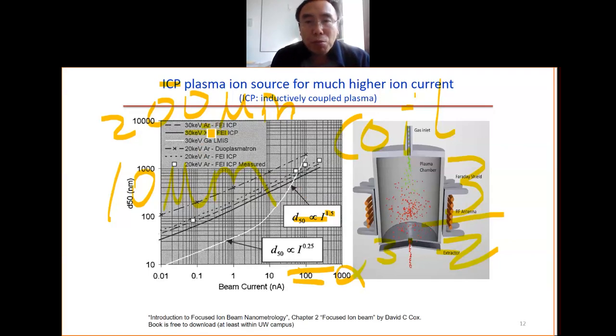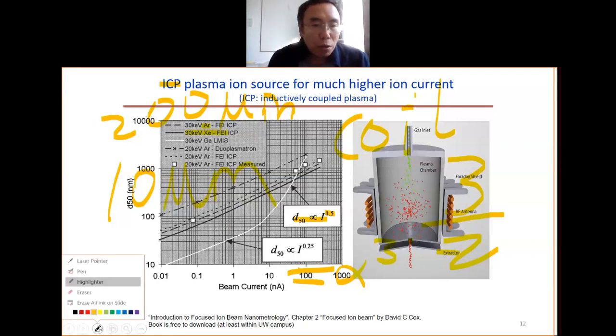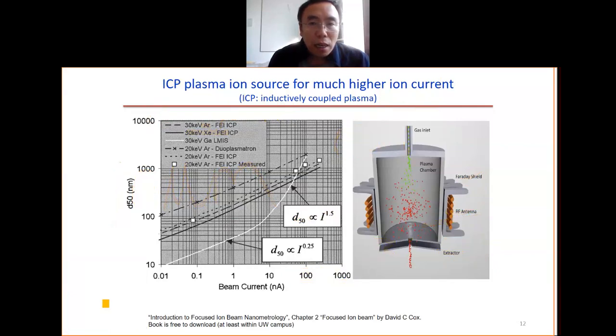Normally when we do the sputtering, we use argon. But for the plasma ion source, we use xenon. There are a few reasons. First, xenon has a higher atomic number, so the heavier mass means the momentum will be higher than argon, and the sputter yield will be higher.